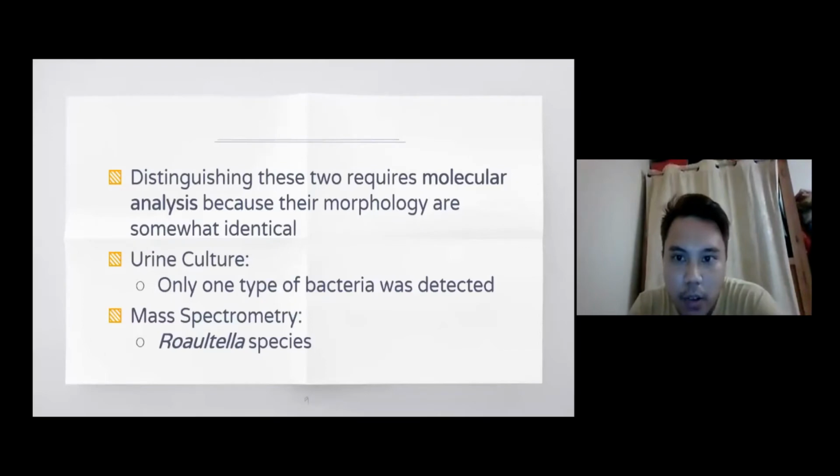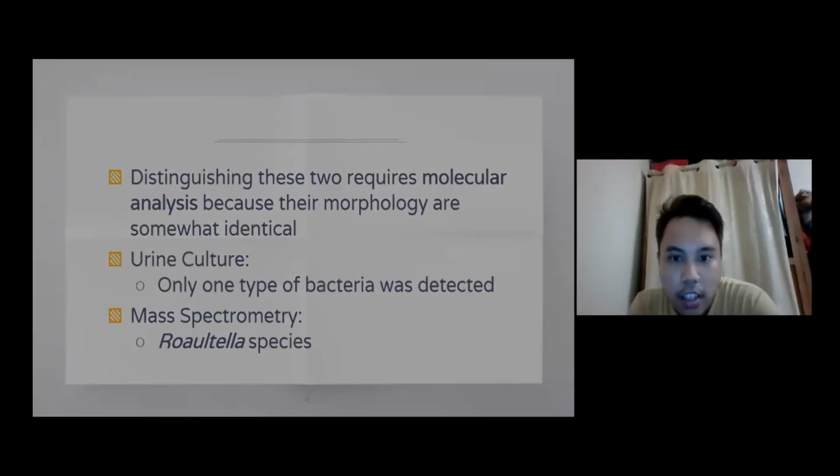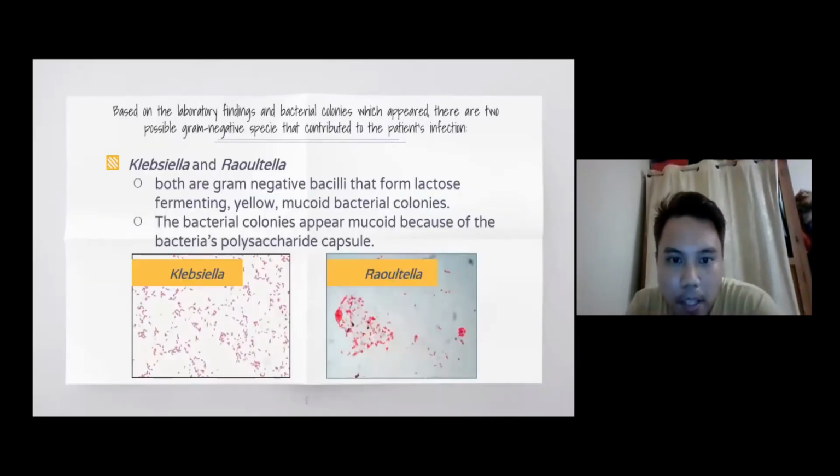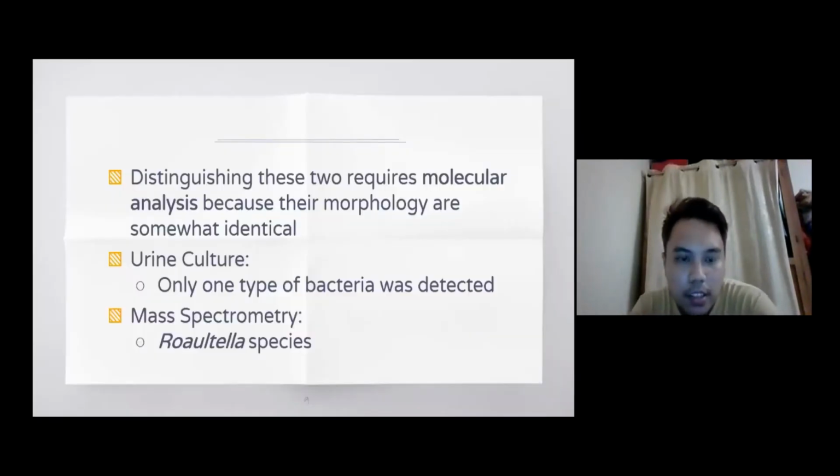Distinguishing these two requires molecular analysis because their morphology is almost identical, as you can see in the picture of Klebsiella and Raoultella. The first procedure conducted was the urine culture.